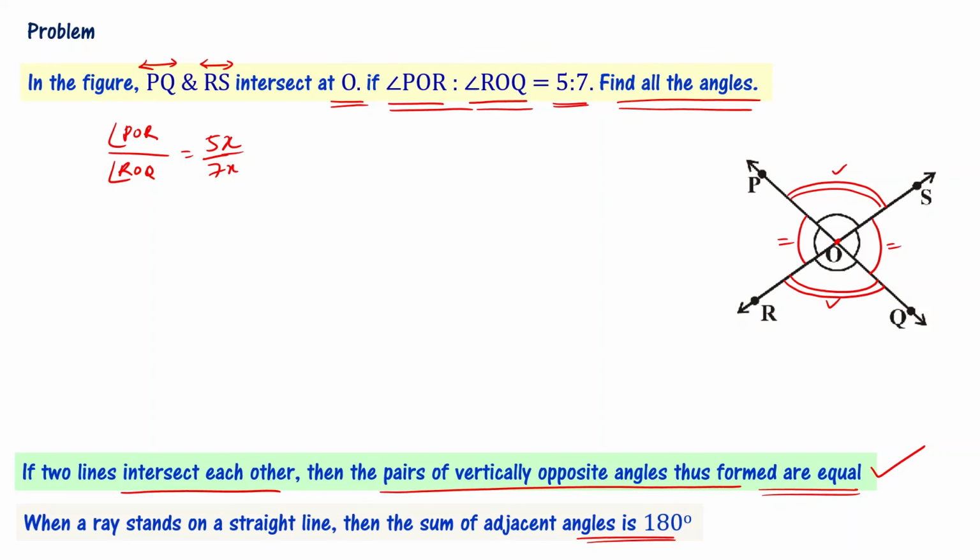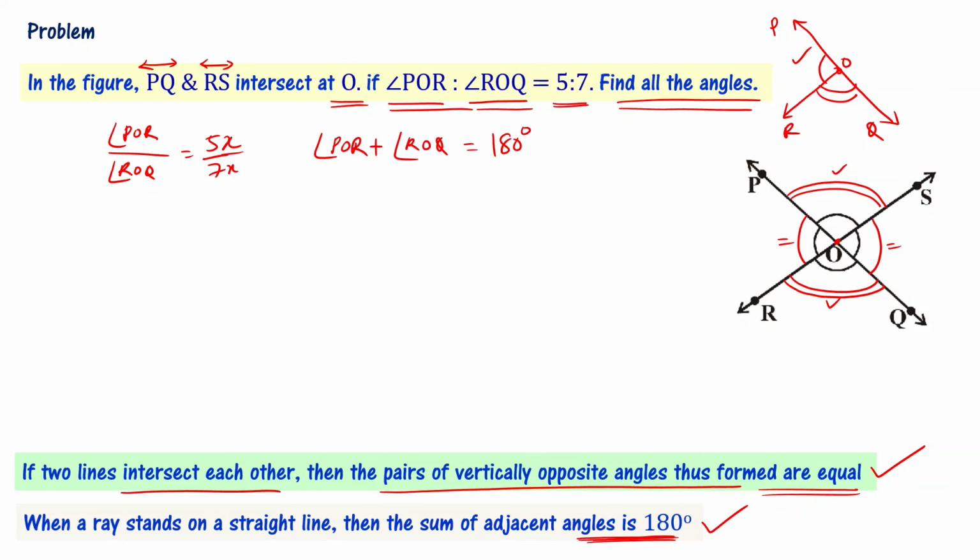If you observe this, I have PQ line, and I have ray OR here and this is the angle, this is another angle. Their sum is equal to 180 degrees. This angle is angle POR. It means angle POR plus angle ROQ is equal to 180 degrees as per this statement.